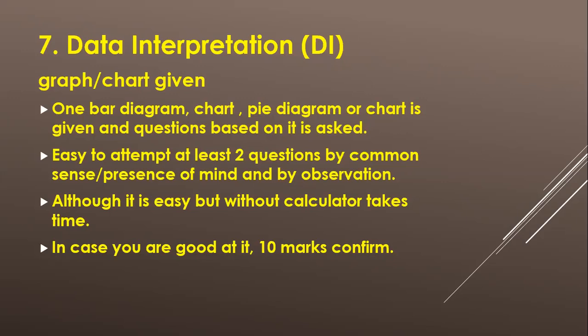And trust me, out of the 5 questions, 2 questions are very simple. Suppose there is a graph given where you have been given 10 years data, but every question will have only 4 options. So rather than solving the entire graph altogether, first I can attempt that question where I need to understand that the answer is only from those 4 options.